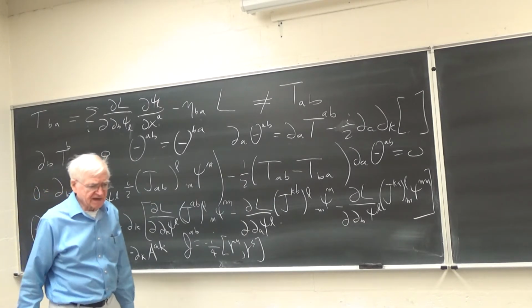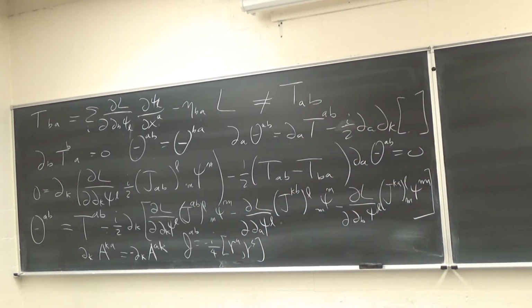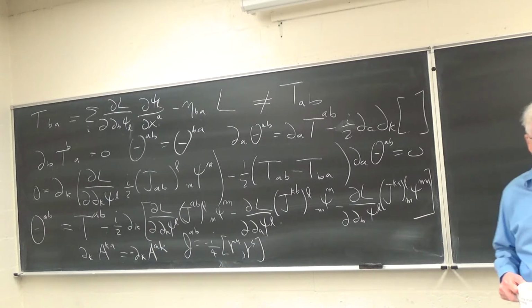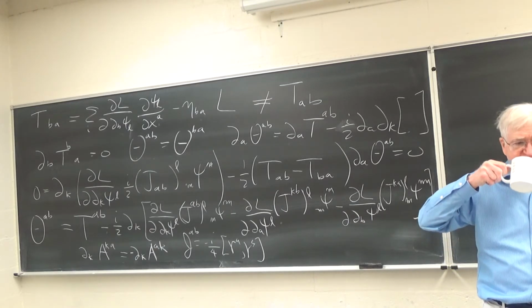Okay, so that's a very nice property of, well, it's the key property. No one would care about the Belinfante tensor if it weren't conserved. The fact that it's symmetric, I mean, you can make many things that are symmetric if they're not conserved. I mean, who cares?